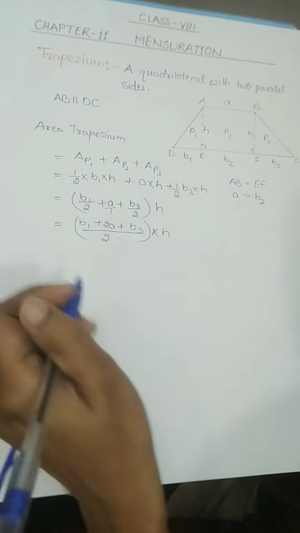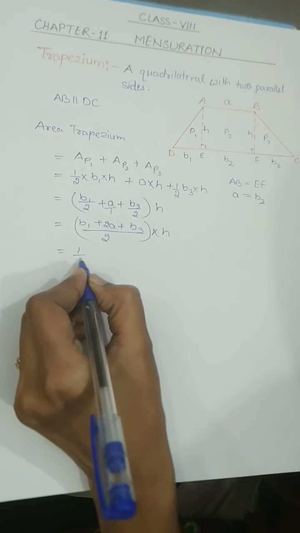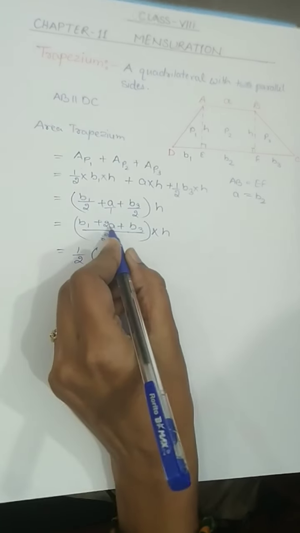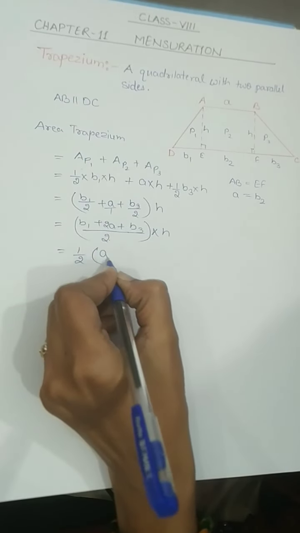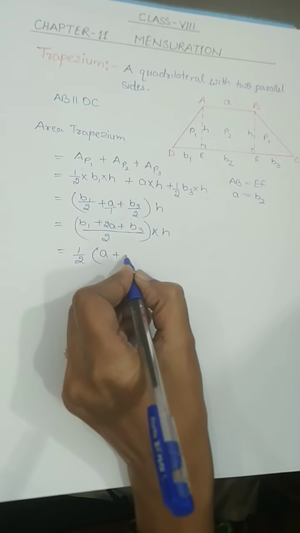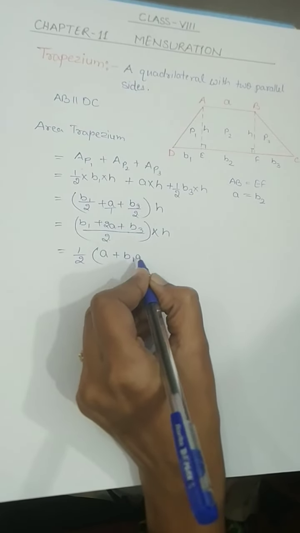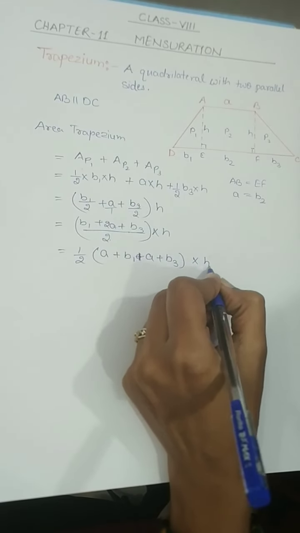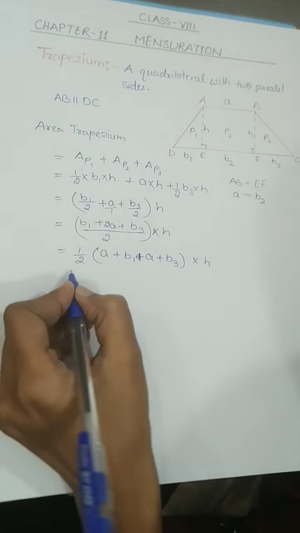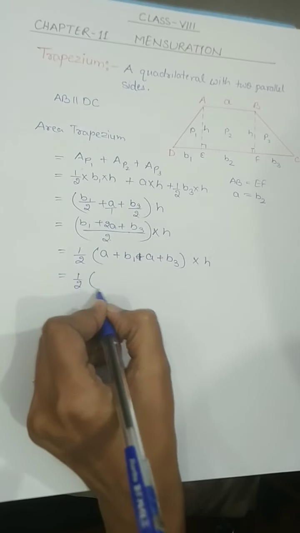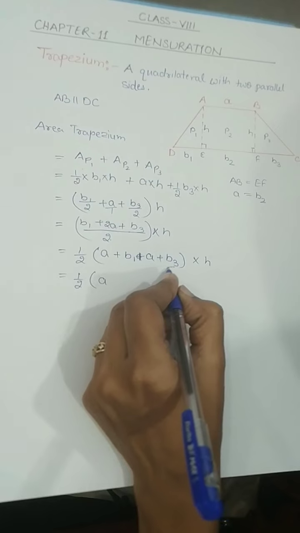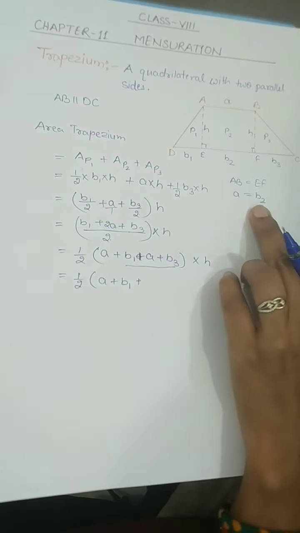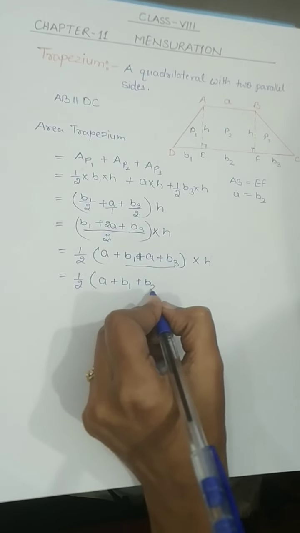Now we have denominator 2, so we can take 1 by 2 as common. Inside the bracket we have 2 times A, so we can write this as A plus B1 plus A plus B3, bracket close, and outside the bracket H. Now A is equal to B2, so we write B2 here.